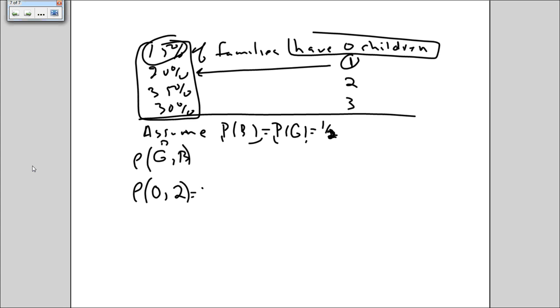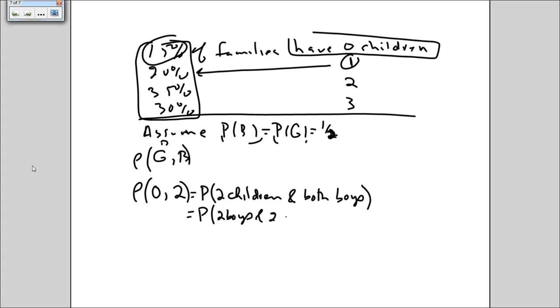Well, this is the probability that you have 2 children and both are boys. Well, this is just the same as the probability of 2 boys and 2 children.